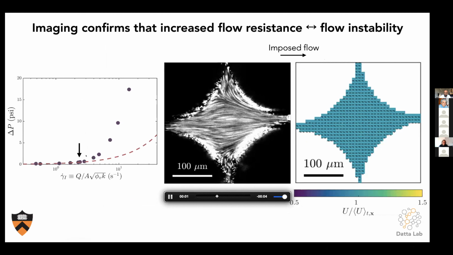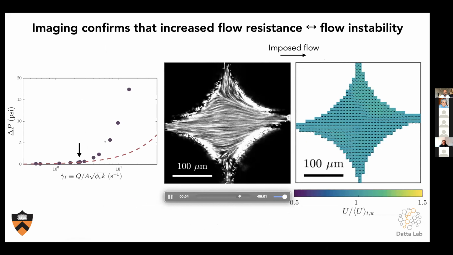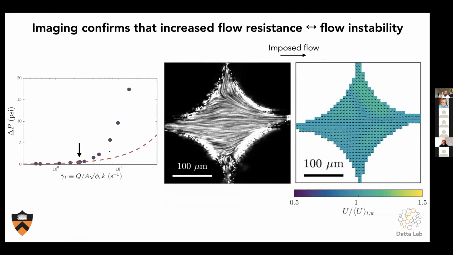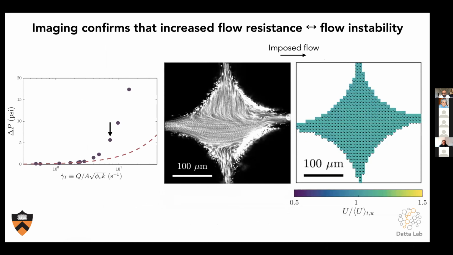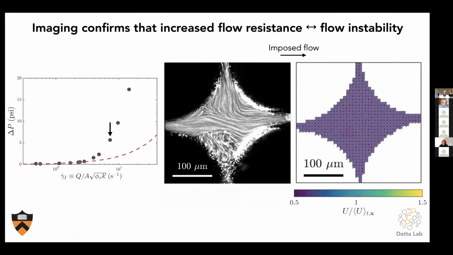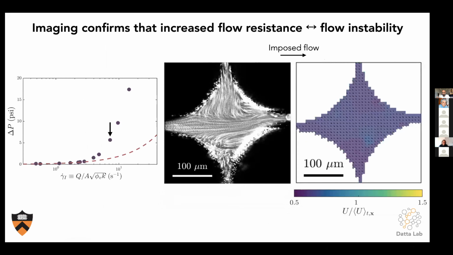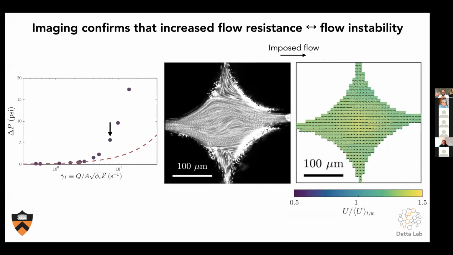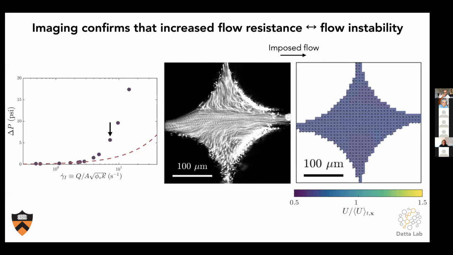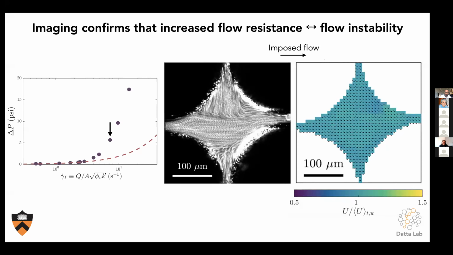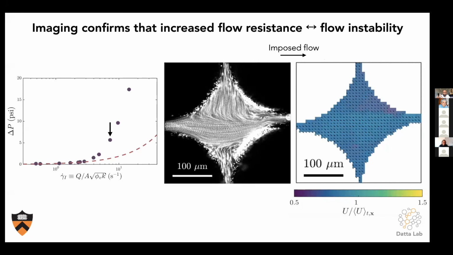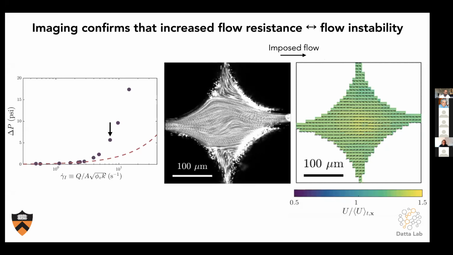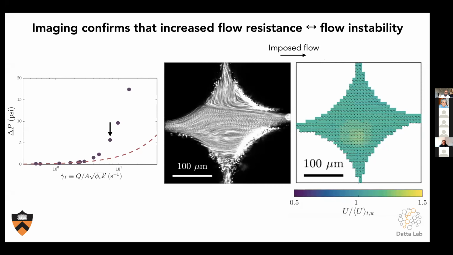At low flow rates, below this deviation, the flow is stable, it's laminar, it's unchanging in time. Above this deviation, we see indeed that the flow becomes highly unstable. It changes spatially and temporally, it's constantly fluctuating, even though inertia doesn't play a role in these flows, right? This is the hallmark of an elastic flow instability driven by polymer elasticity, right?